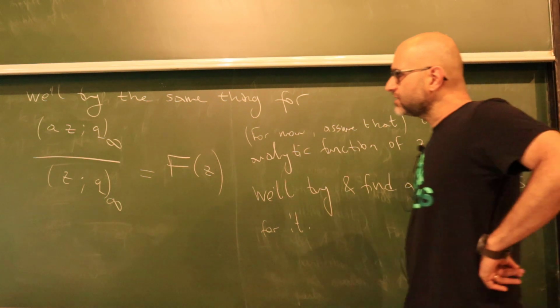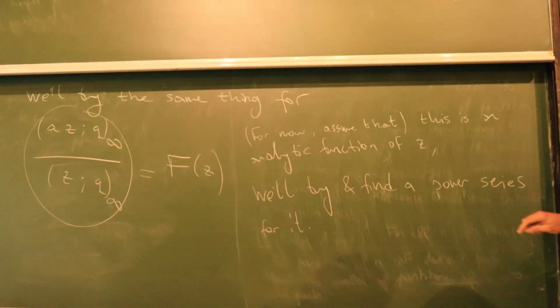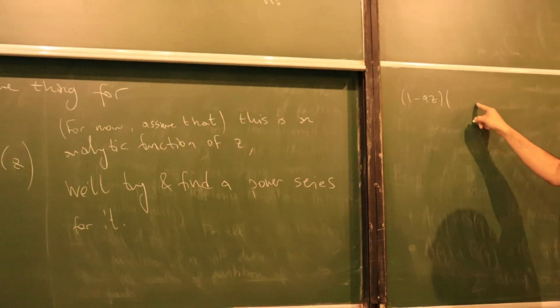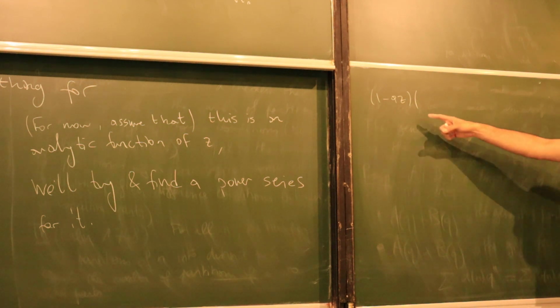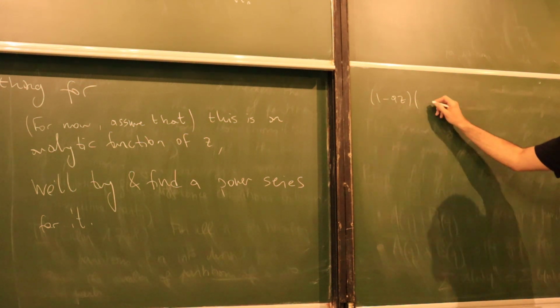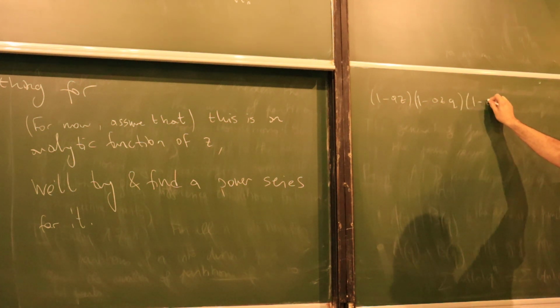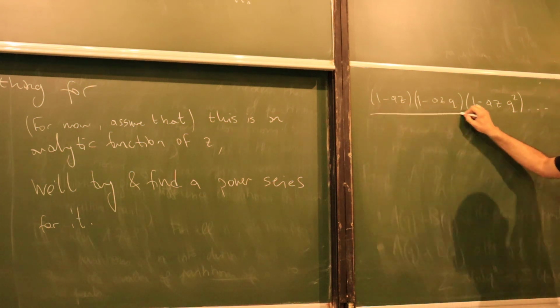At this point, let's remember the definitions for these infinite products. So upstairs is 1 minus a times z. We begin with the parameter there. And in every next factor we write, we multiply this by q. 1 minus a times z times q, 1 minus a times z times q squared, and so on.